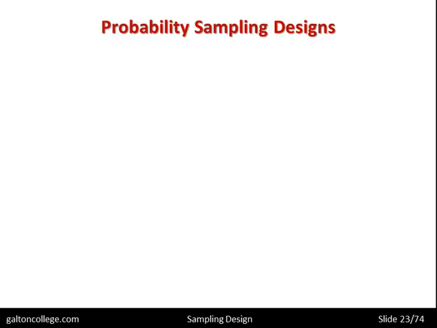The probability sampling designs. Well, we have a simple random sample where we just select from the population, and every member of the population has an equal chance of selection. We have systematic, where we sample from the population under certain characteristics.